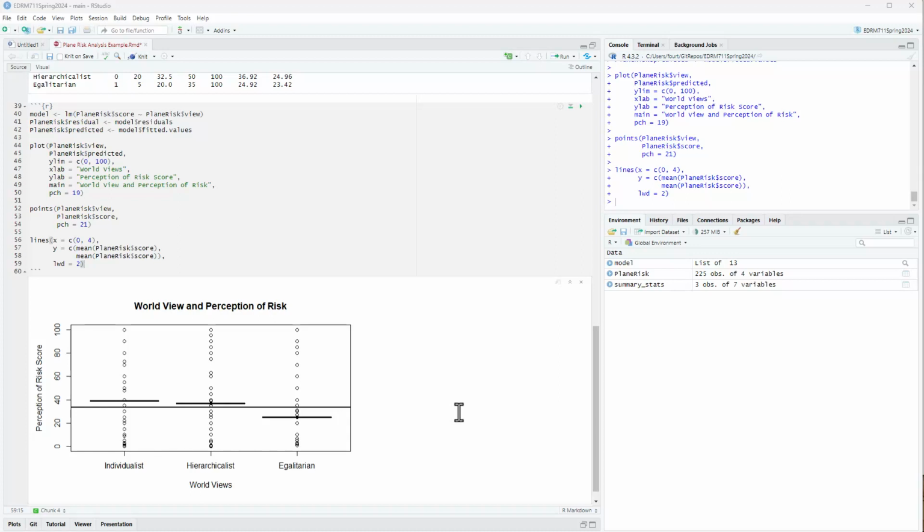But we do have some differences. We have individualist above the grand mean, hierarchicalist barely above the grand mean, and egalitarian below the grand mean. So at least in our sample, we don't know yet whether this is real convincing evidence that we will see any differences outside the sample, but at least right now in our sample, we are seeing some differences in those means.